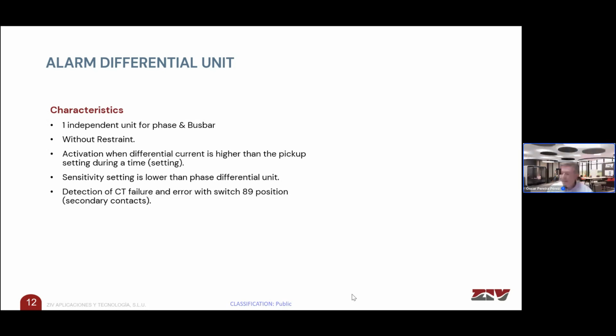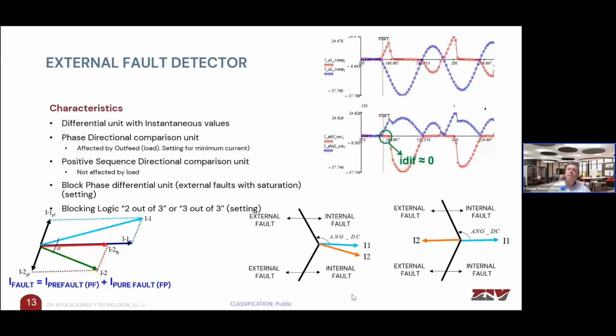Also, we have another unit that is the external fault detector. This is a critical and very important protection function in our relay, because we have to detect when we have an external fault, mainly under a situation of CT saturations.